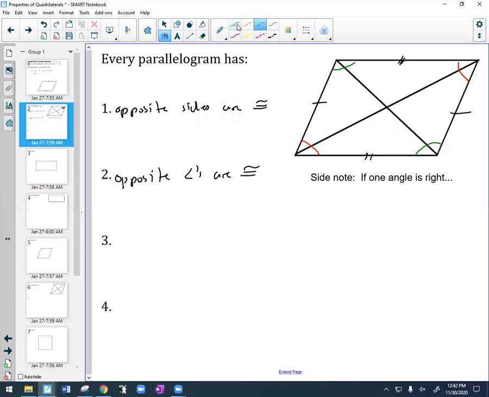In a parallelogram, the diagonals bisect each other. Meaning whatever this length is, this one's the same. Whatever this length is, this one's the same. So that's what it means to bisect.